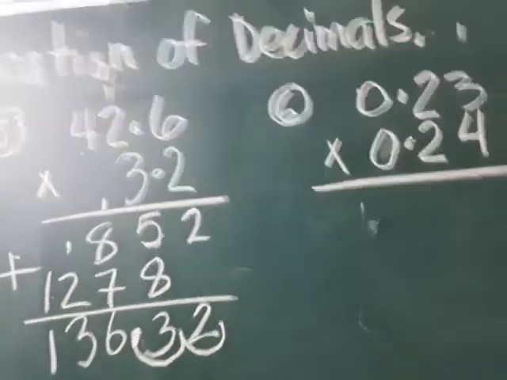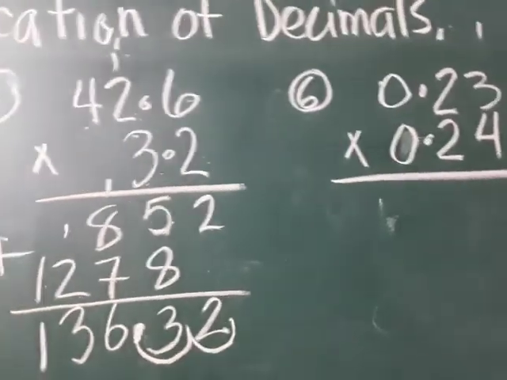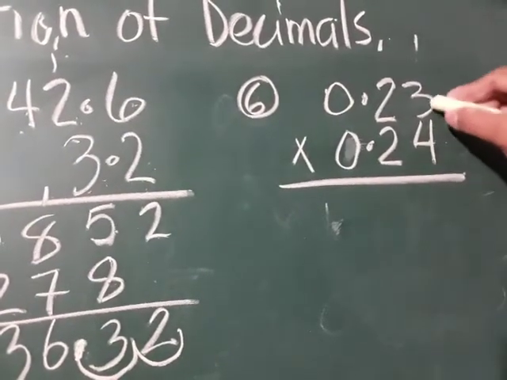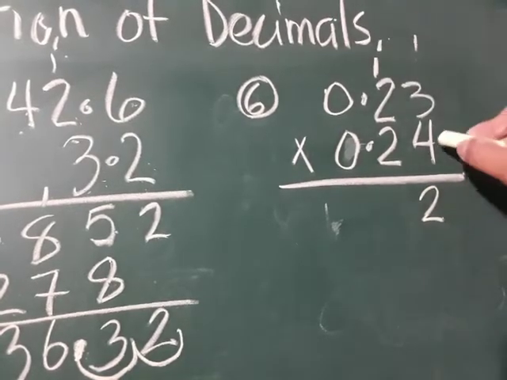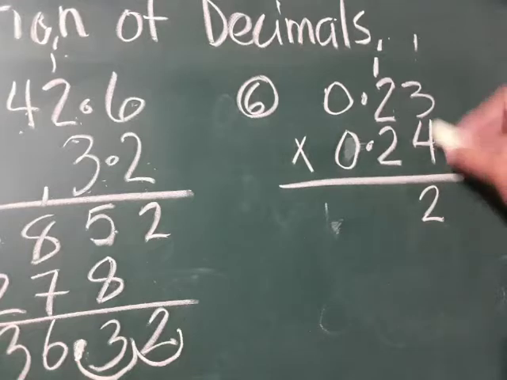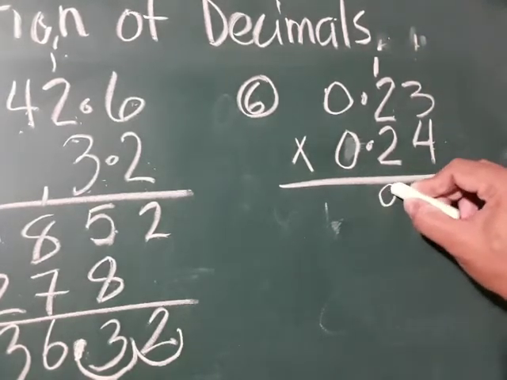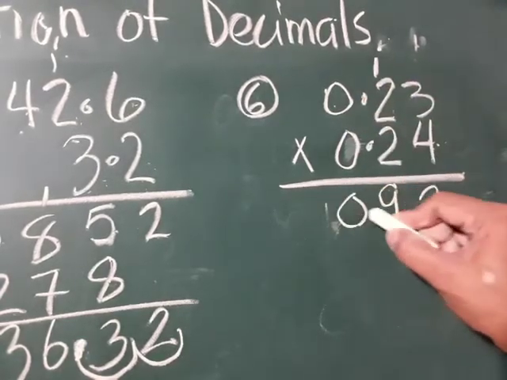Example number 6. Okay, so we have here 4 times 3, 12. Carry 1. 4 times 2, 8 plus 1 is equal to 9. 4 times 0 is 0.